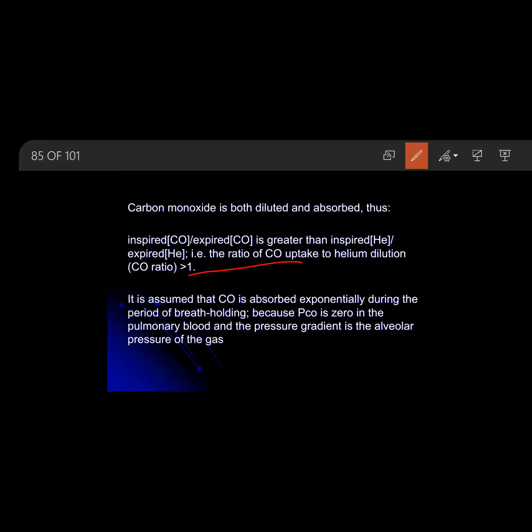The alveolar pressure of the gas is the gradient because it's zero in the capillary. If we have a carbon monoxide of 5 millimeters mercury in the alveoli, that means we have a pressure gradient of 5 because in the capillary it's zero. So it's 5 subtracted from 0 and the result is 5.